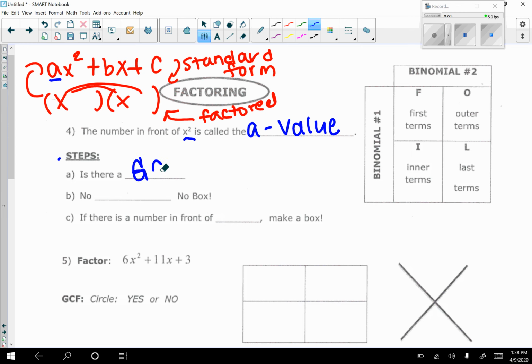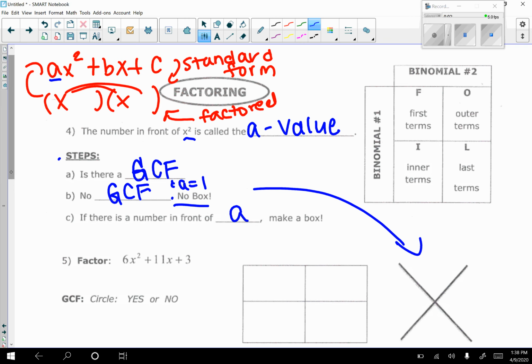If there is no GCF, and a equals 1, you don't need a box. No box needed. You can just use this method that we've been learning this whole time. If there is a number in front of x squared and there's no GCF, we have to make a box.